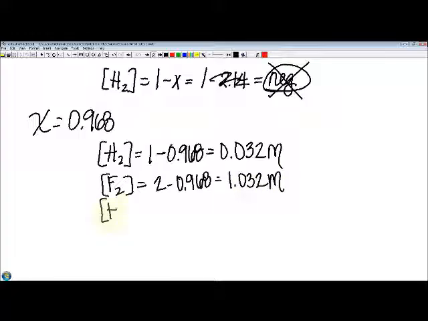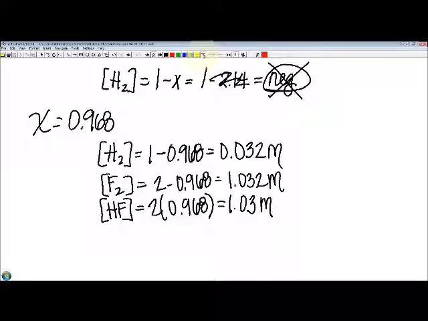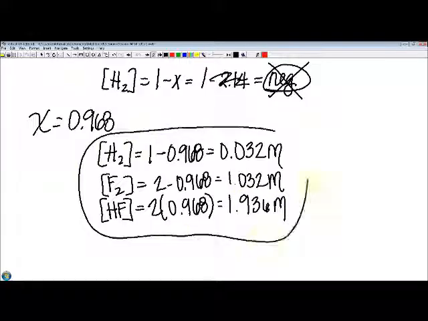And HF is 2x. And so that's 2 times our 0.968. And that would be 1.03 molar. Sorry, I read the wrong thing. That would really be 1.936 molar. So there's our final answer.